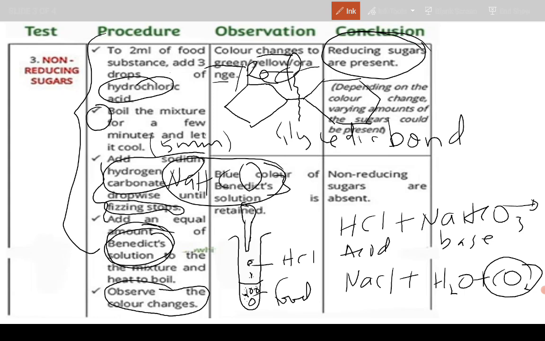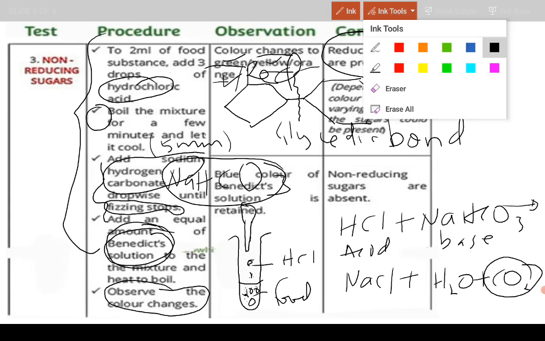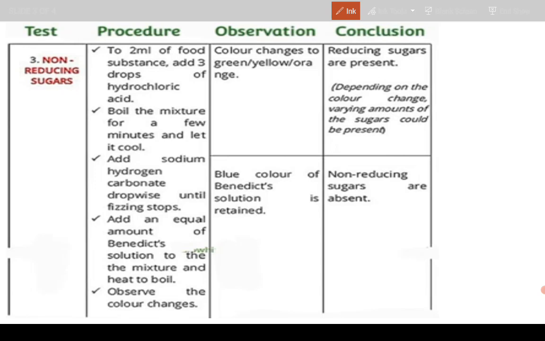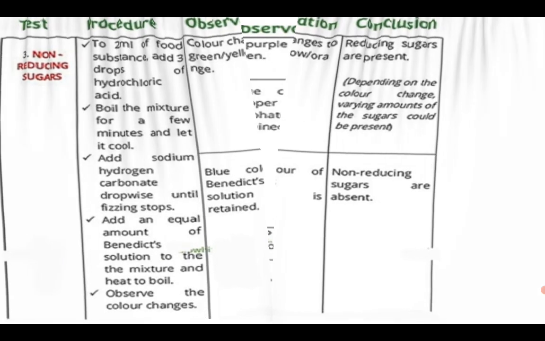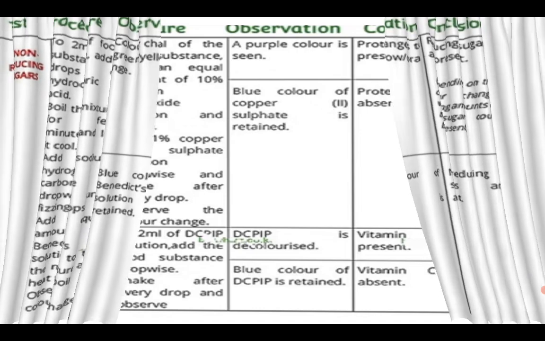If the color is green, yellow, or orange, it shows that there's a sugar present there. But if the color of the Benedict's solution does not change or remains the same, it means that the non-reducing sugars are absent. Very, very important. All right.